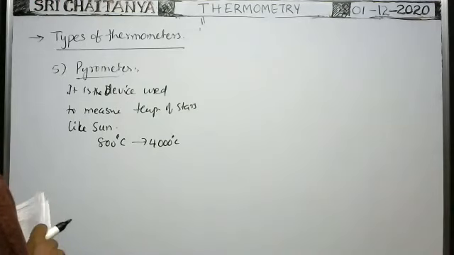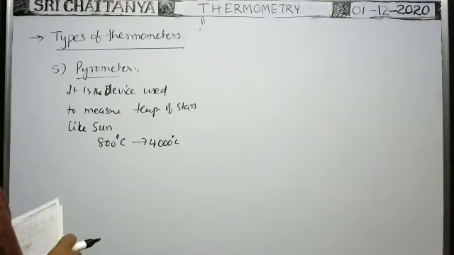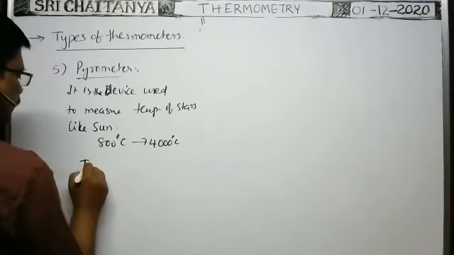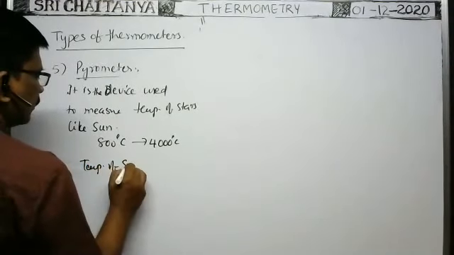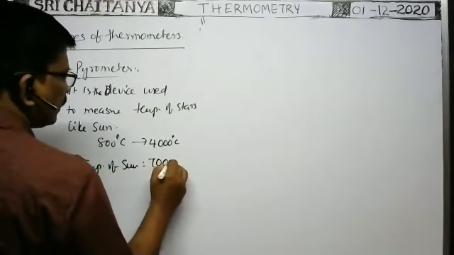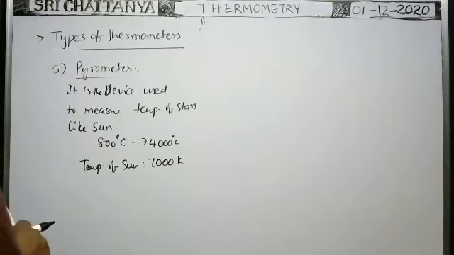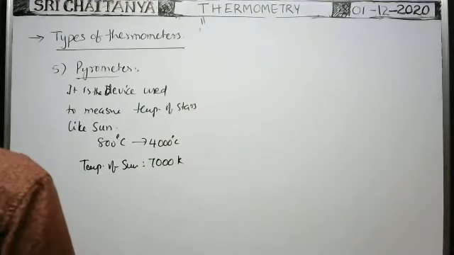The temperature of the sun is approximately 7000 Kelvin. So in order to measure the temperature of the sun also, we use the pyrometer. Right, this is about the pyrometer.